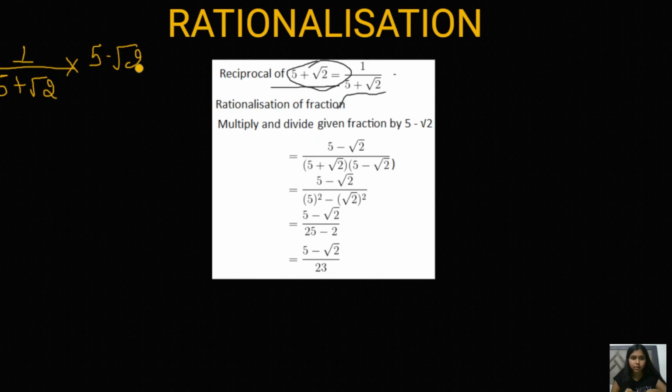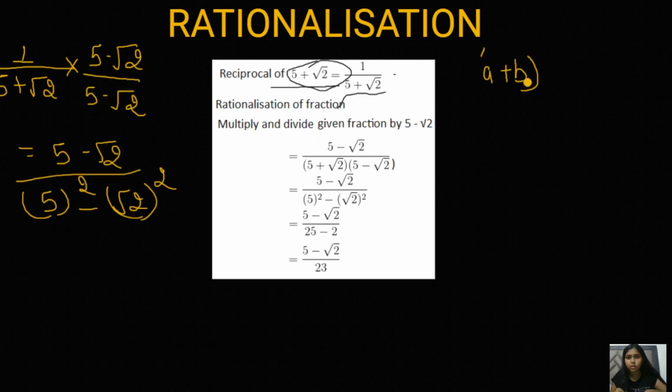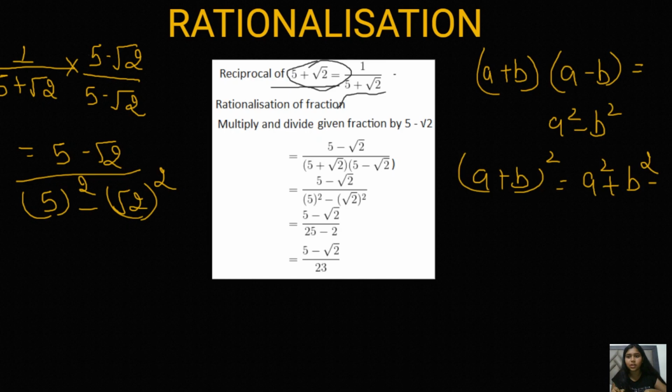The identity is (a plus b)(a minus b) is equal to a square minus b square, and the other identities which will be used in rationalization are (a plus b) whole square and (a minus b) whole square.